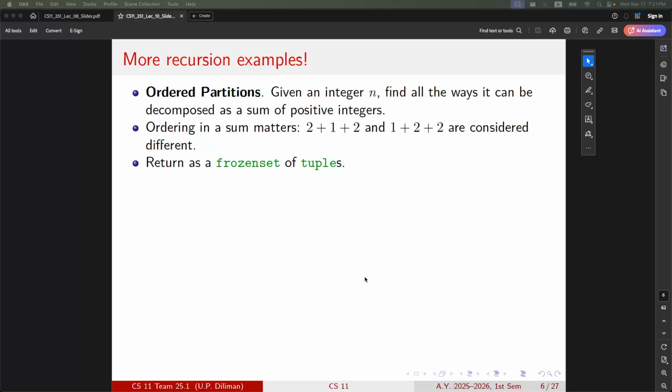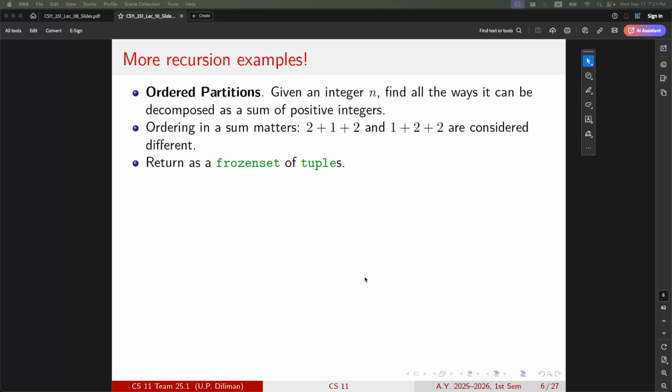So we'll start. We have this first problem called ordered partitions. You have an integer n and you want to cut it up into several integers whose sum is equal to n. And the problem that we want to solve is we want to find all the ways n can be decomposed as a sum of positive integers.